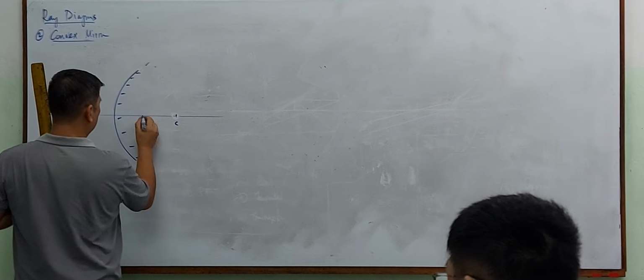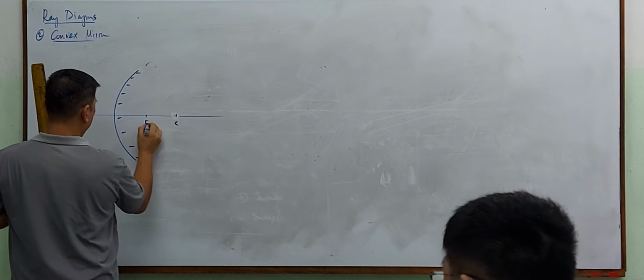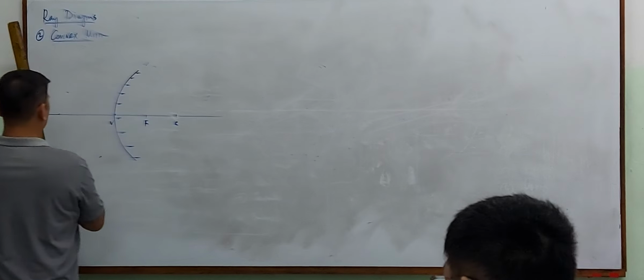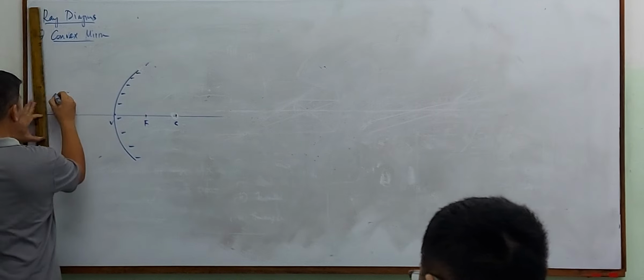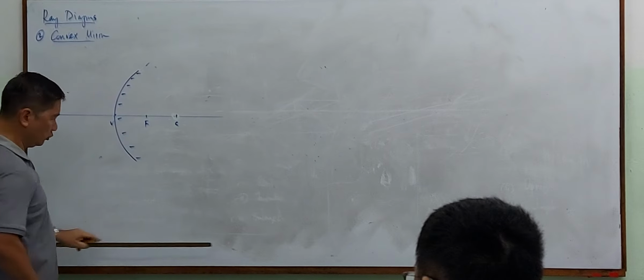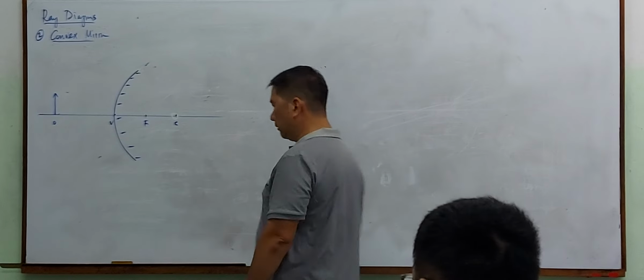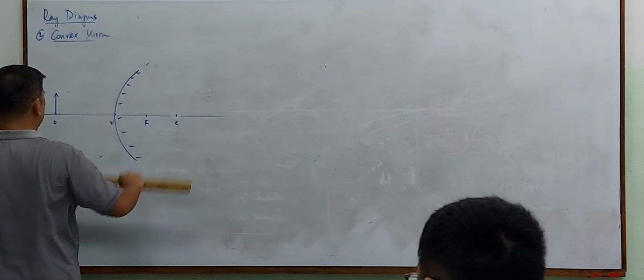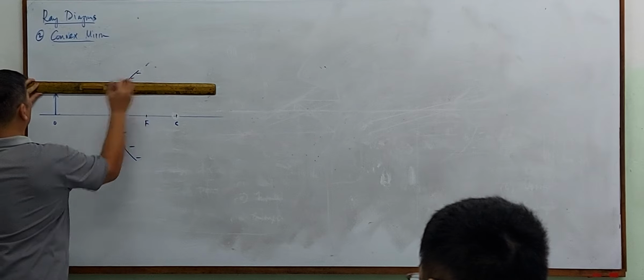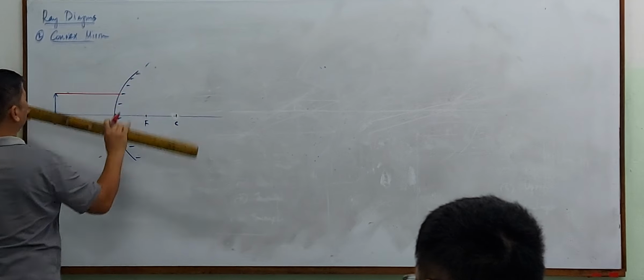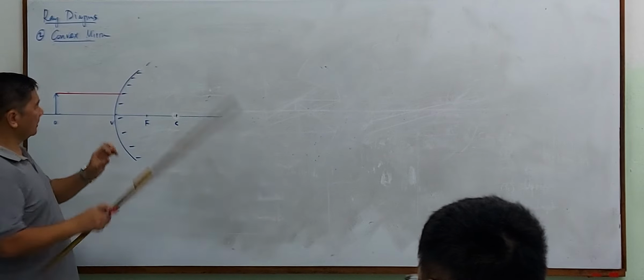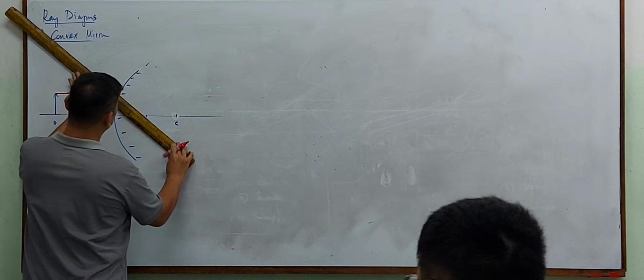Okay, there's your C, and this is your B. Let's say the object is here. Object distance U. Light ray, same as concave mirror. Parallel first, and then reflected away. It seems like the light ray is coming from the focus point.